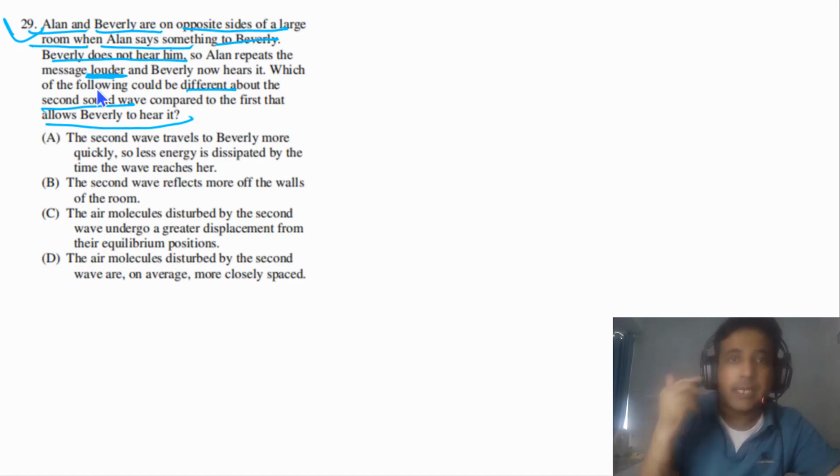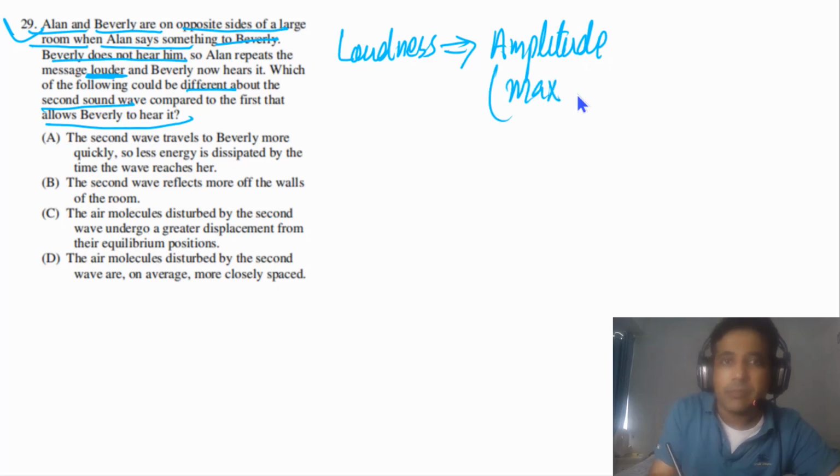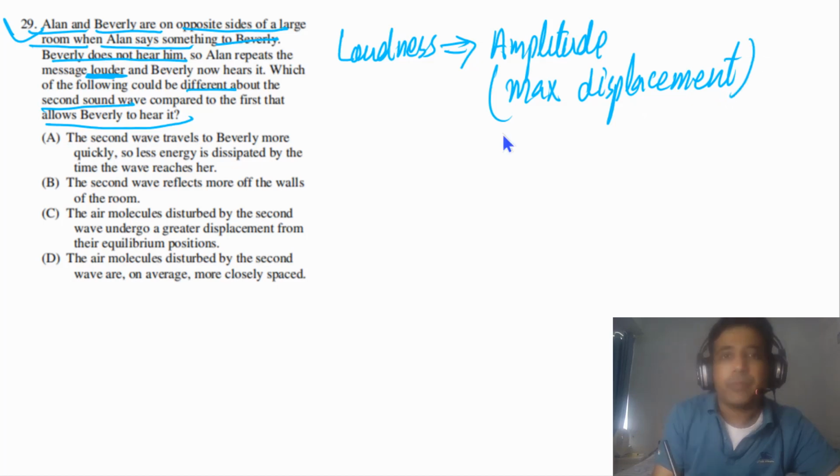As the second sound is louder, we can say loudness is linked with amplitude. If the sound is louder, it means amplitude of the sound is greater, or we can say maximum displacement is greater. So the second sound has higher amplitude, or we can say greater displacement.